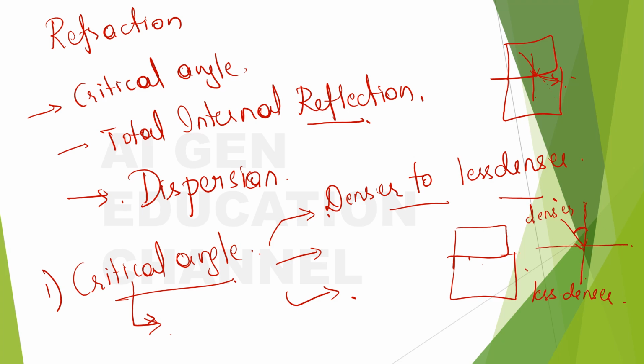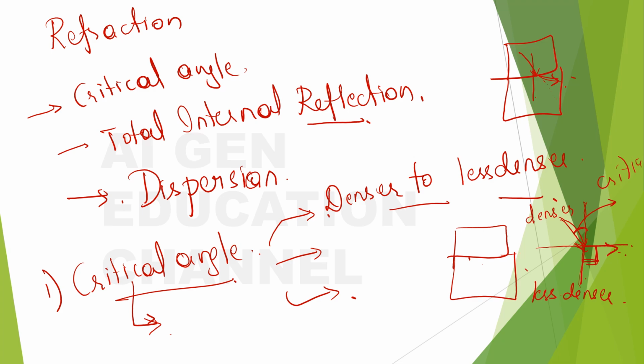This angle will be called a critical angle if the refracted ray, it means the ray that is bending, if that ray makes 90 degrees with the normal, it means that the ray will come like this and it should go like this. If the refracted ray is able to make 90 degrees with the normal, then the angle at which the incident ray has fallen upon this is called the critical angle.